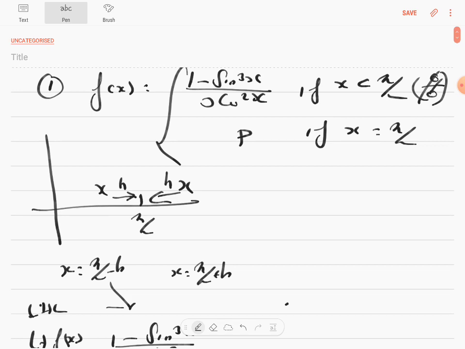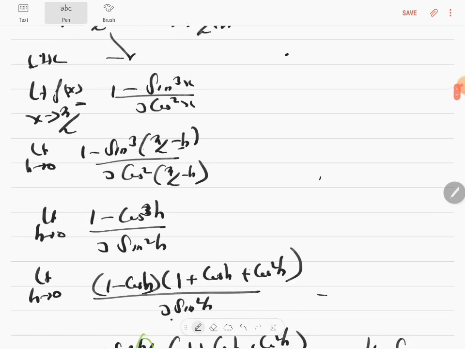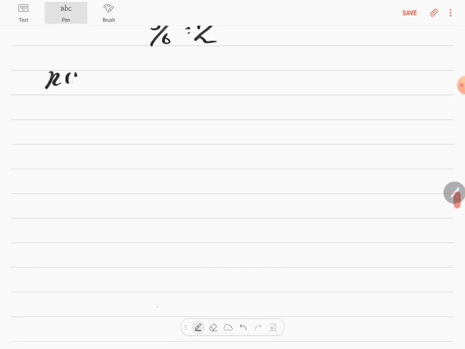This was for x less than pi by 2. For the different part, I didn't complete the question: x greater than pi by 2, it's q into (1 minus sin x) by (pi minus 2x) the whole square. So we'll do the right hand limit.